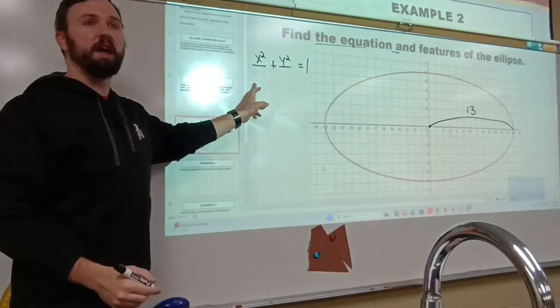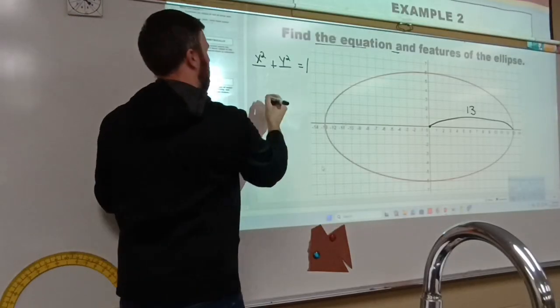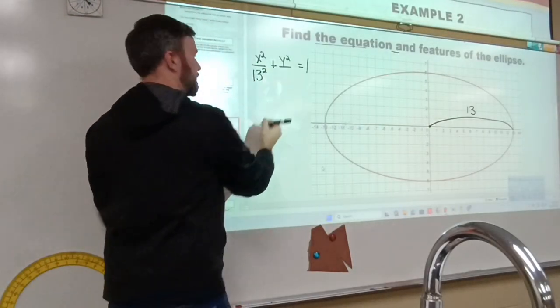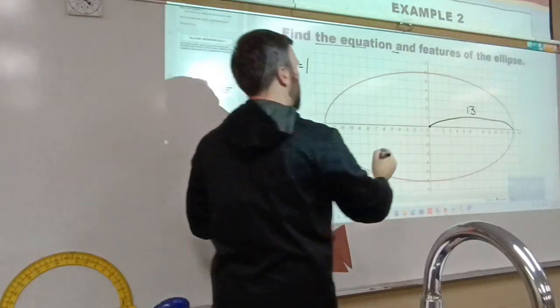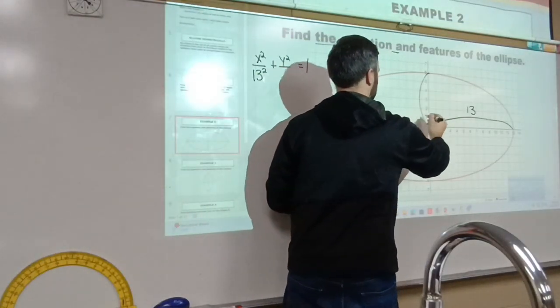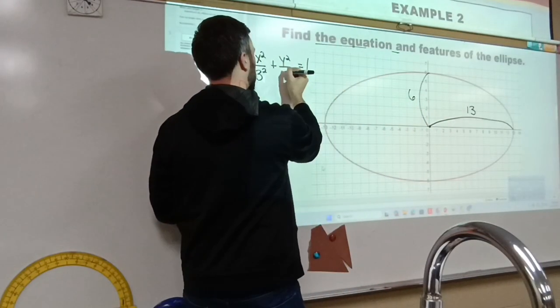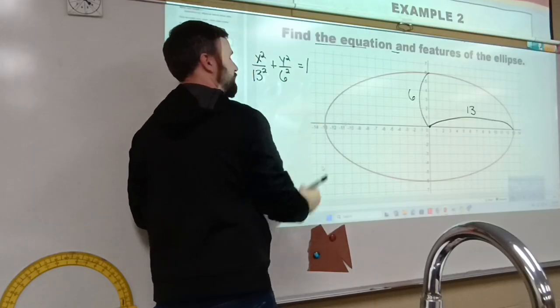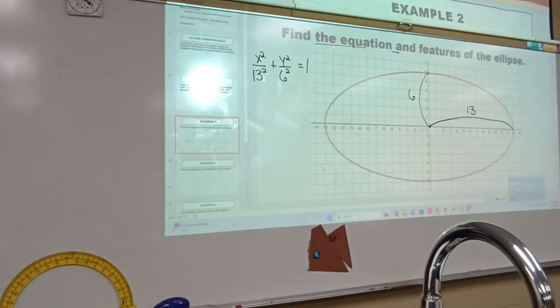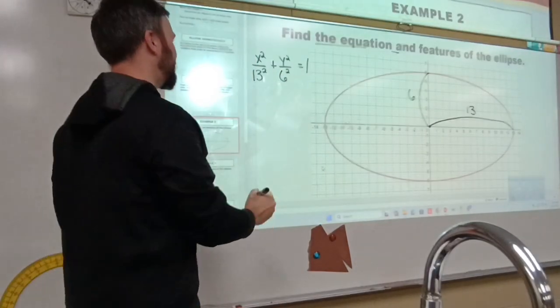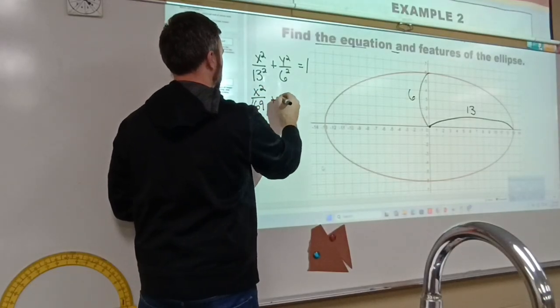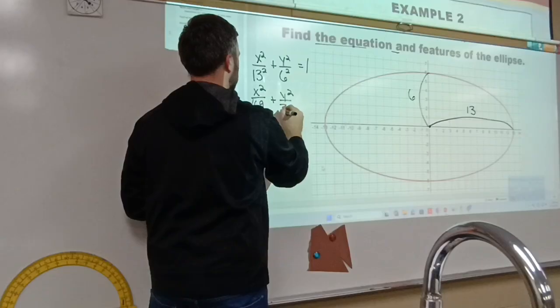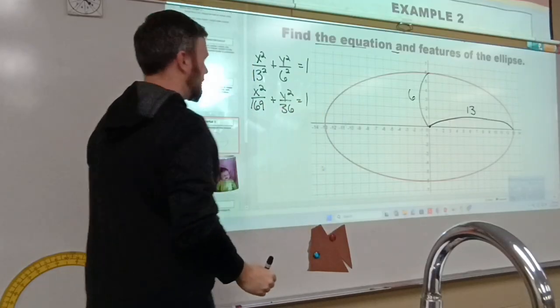So what do I put under my x squared? 13 squared. What's my distance on my y-axis? 6. So what do I put under my y? 6 squared. See, do you guys feel a little bit better now about this one? So my equation is x squared over 169 plus y squared over 36 is 1.